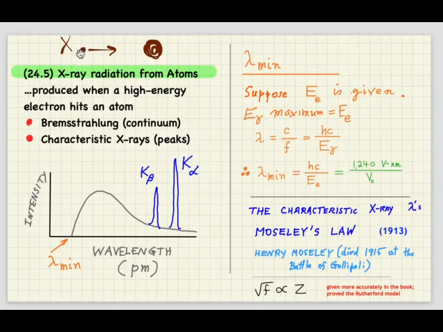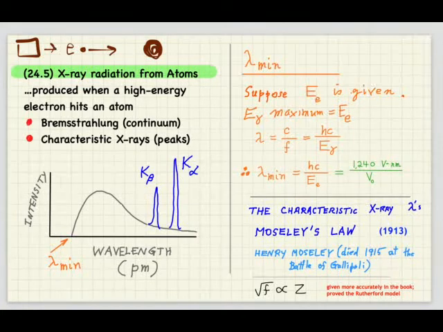So this electron brings in with it, oops, I shouldn't call that X, it's not an X-ray, it's an electron. So this incoming electron has a certain energy. Let's call that E sub E. And say that's given. So, over here we have some kind of electron gun. And it produces electrons which then collide with an atom.